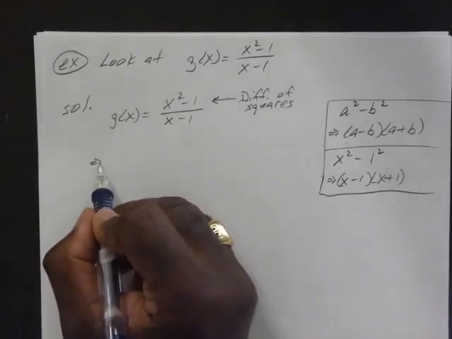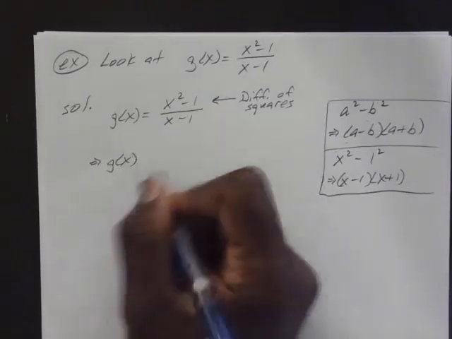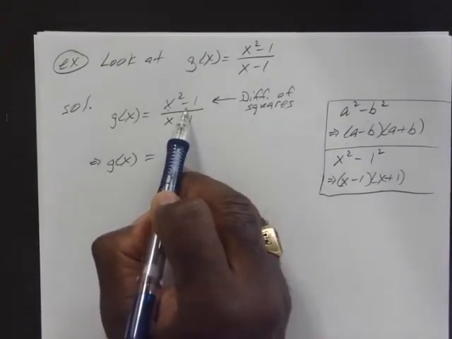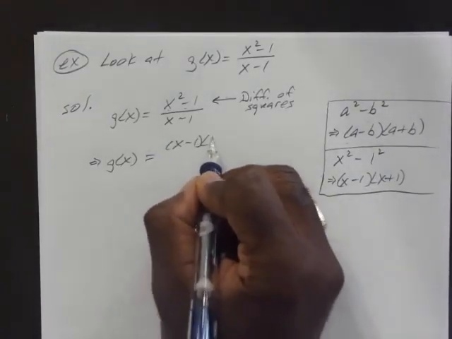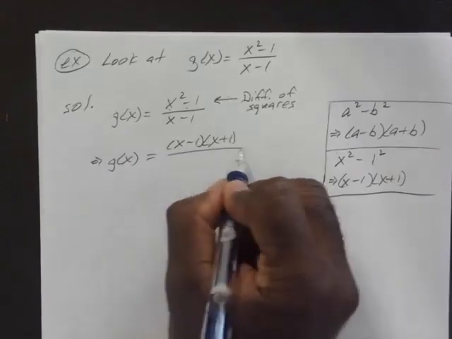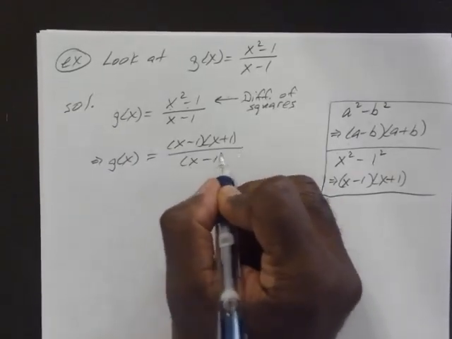So we can go ahead and rewrite that. Instead of x squared minus 1, we can rewrite that as x minus 1 times x plus 1 divided by x minus 1.